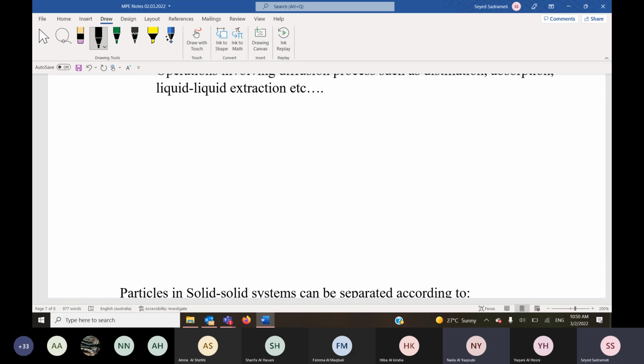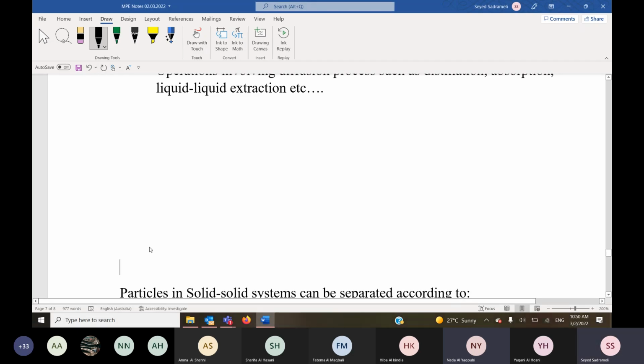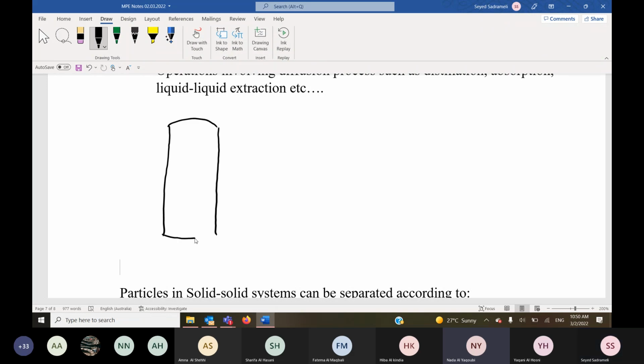We have the distillation column. So you send the mixture, the feed.